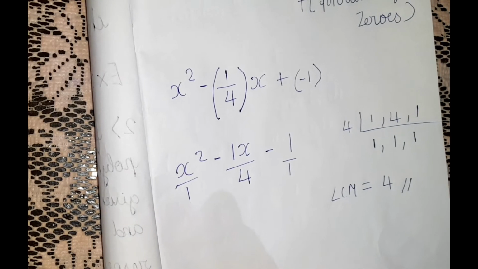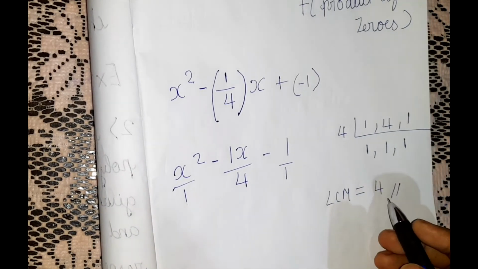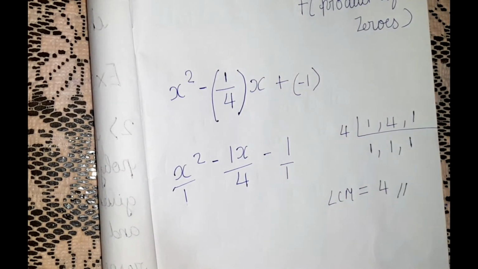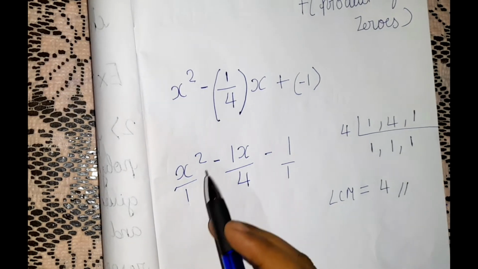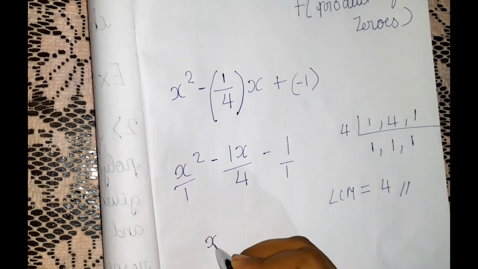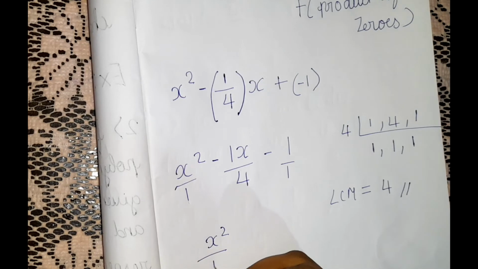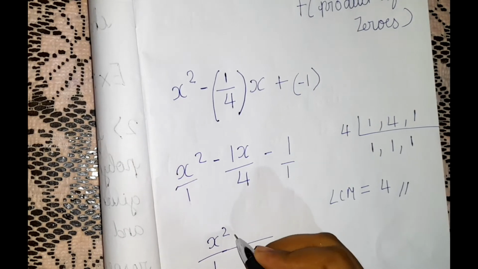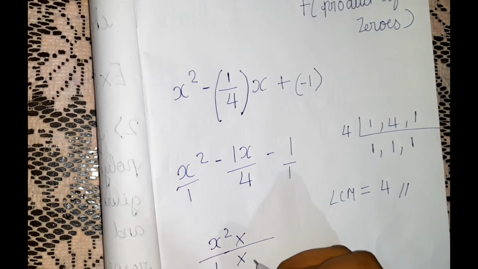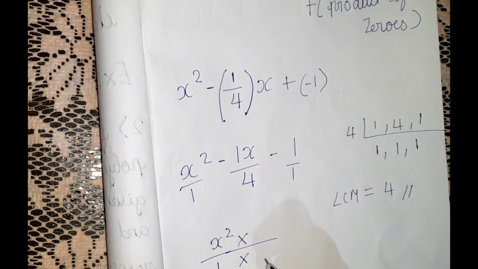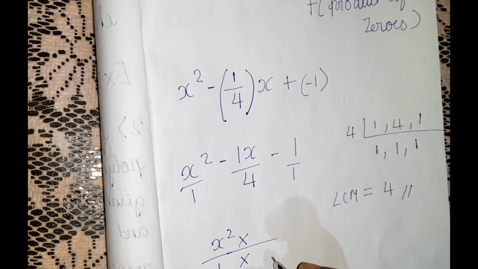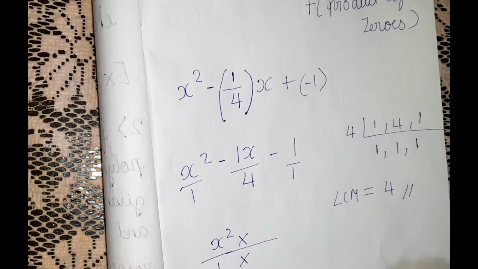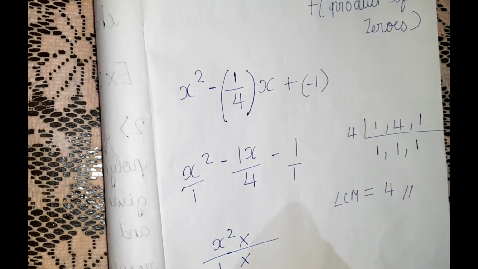Now what we are going to do is make the denominator 4. So let's write the first term, that is x square divided by 1. Now let's multiply it. When we multiply, somehow we should get the denominator as 4 by multiplying it with another number. When we multiply 1 into 4, it is 4.